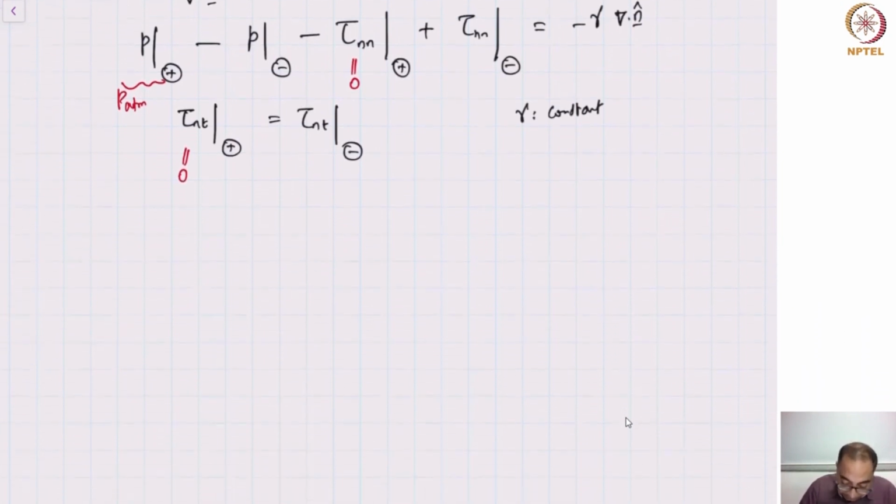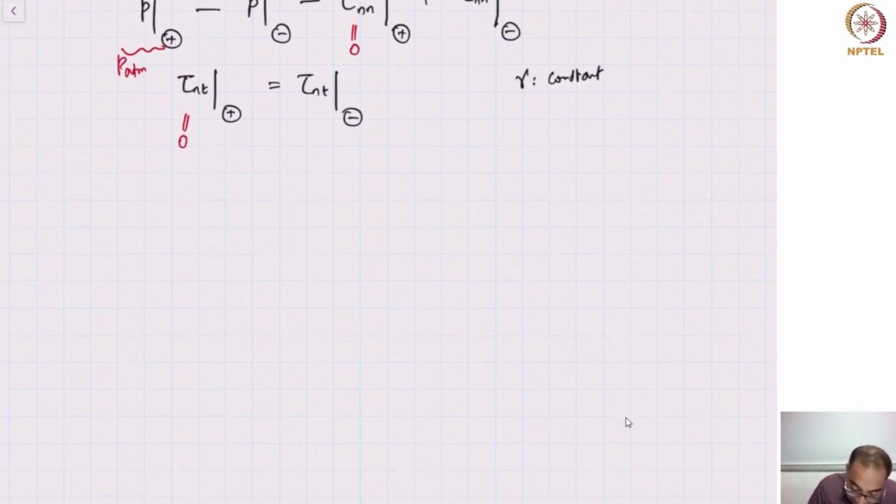And now let's do one more thing. Let's non-dimensionalize these equations.